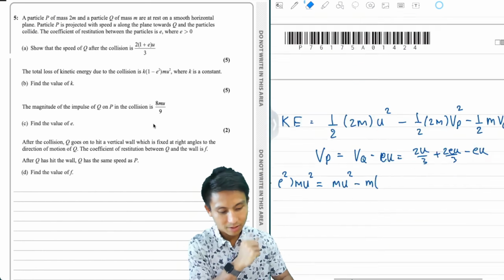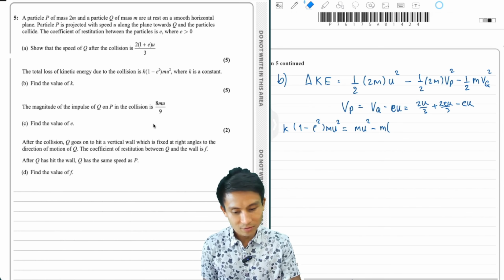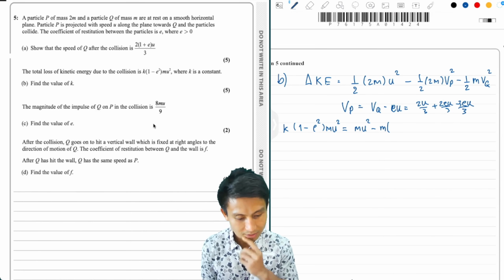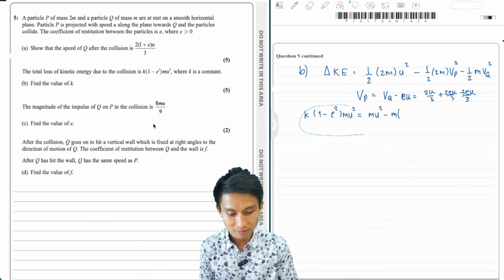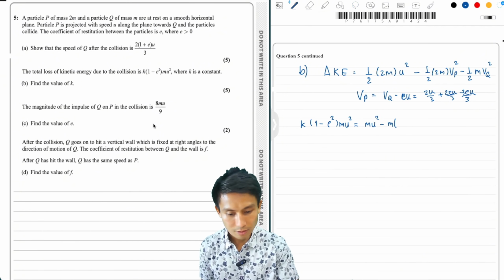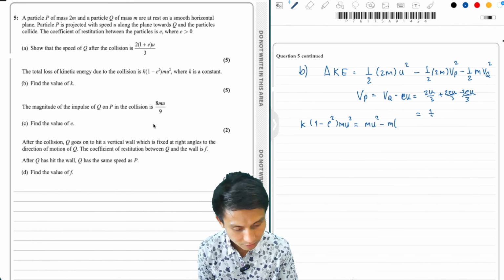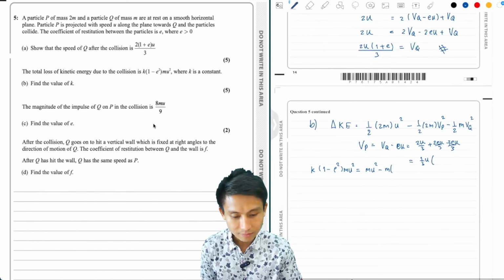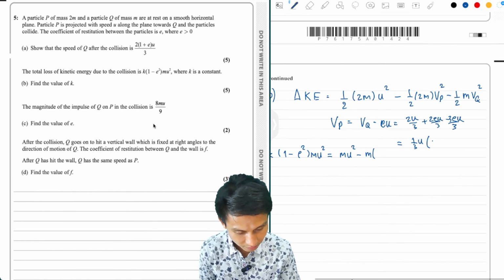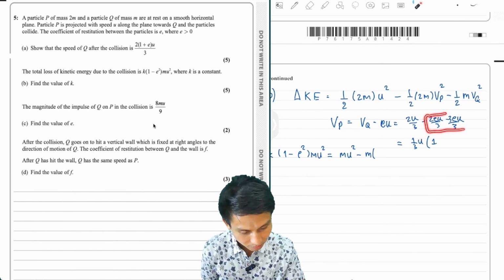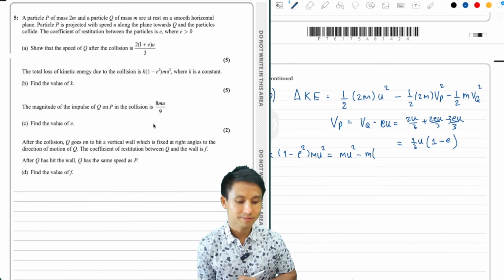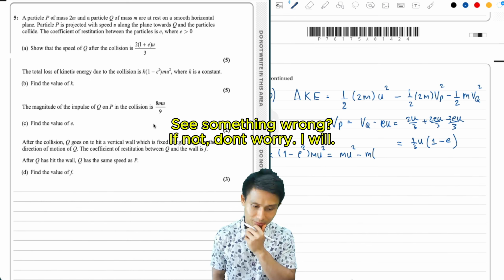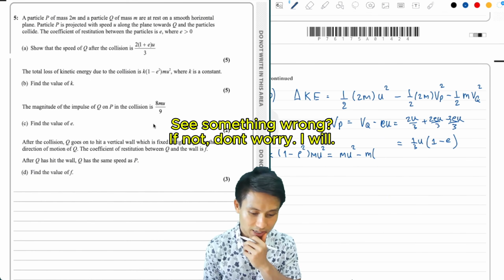All right. Well, if we do in thirds, that's going to be 3 over 3 there, so that's minus eu over 3 instead. So if we simplify that, we are going to get 1/3 u again, and inside there we have 1 minus e, like that, minus 1/3 ue instead.